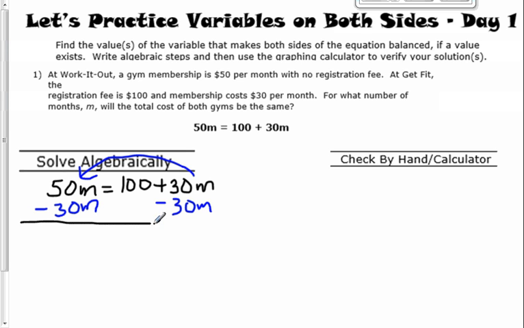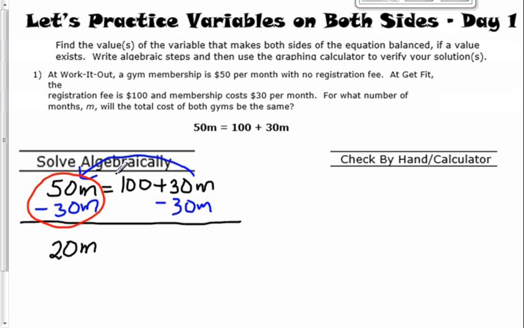Now looking at this, as I read from left to right, I have 50 plus negative 30, or 50 minus 30m. 50 minus 30 is 20. So now I have 20 times the number of months.